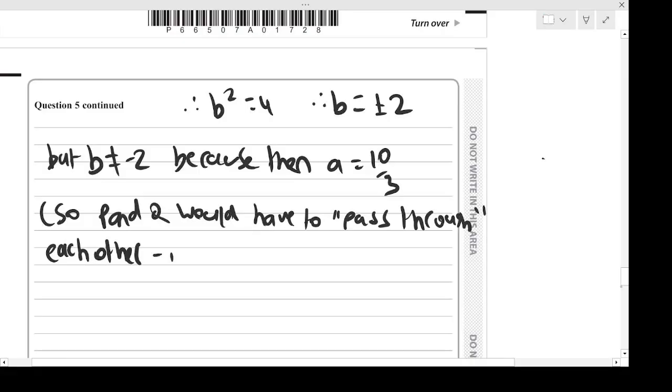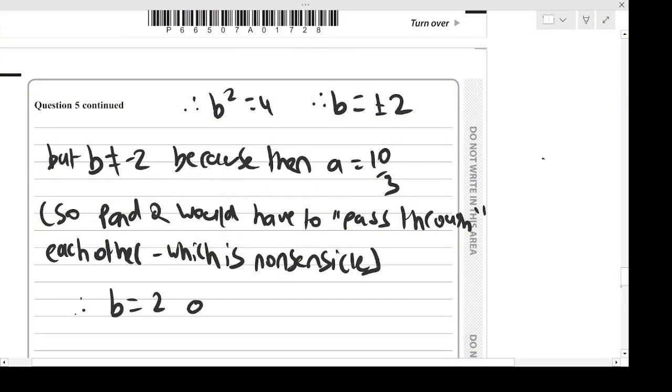Which is nonsensical. So therefore, we can only accept B to be positive 2. And that is my only solution there.